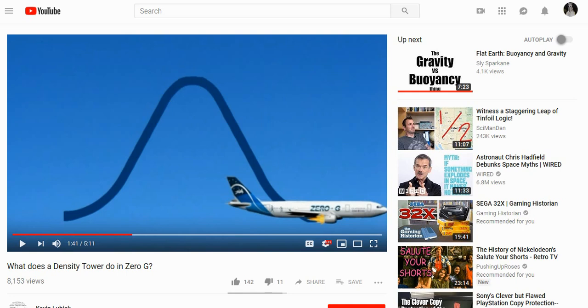We basically have a 0G flight, whereby a plane drops out of the sky at exactly the same speed as you would be falling due to gravity. So they kind of cancel each other out. And due to that, we get some really interesting results.